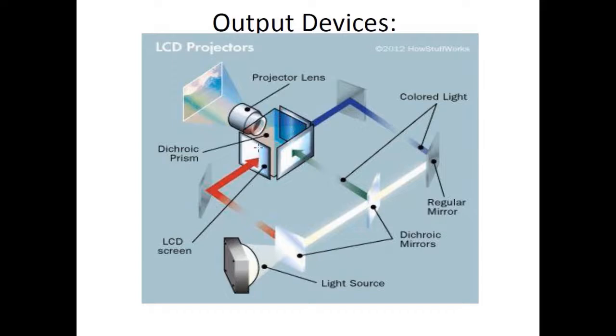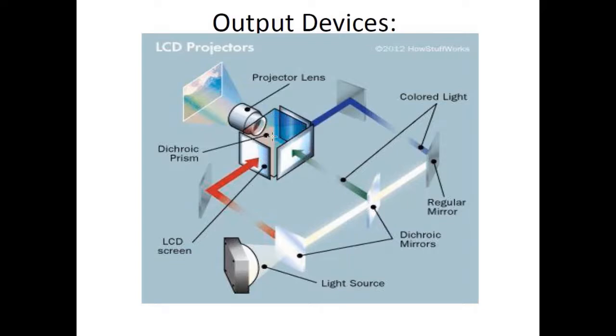And when light passes through these three LCD screens or these three LCD filters, then three different versions, one of red, one of green, one of blue of the actual image to be projected is obtained.